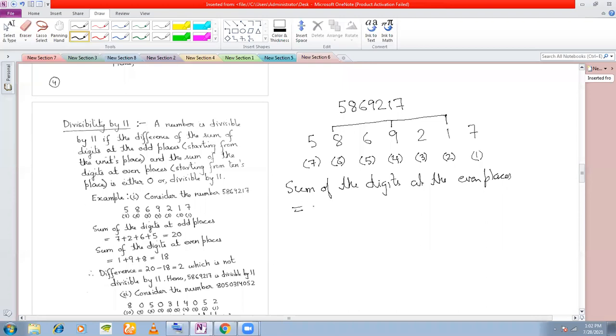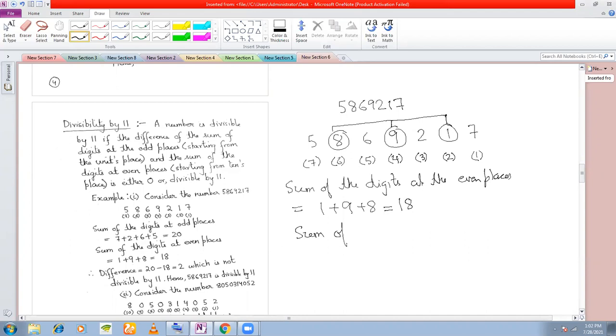These 3. You take the digits. What are the digits? 1, then you have a 9, and then you have an 8. Okay. So sum of the digits in the even places is this. This is 18.